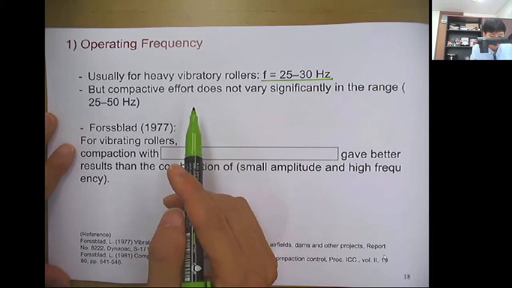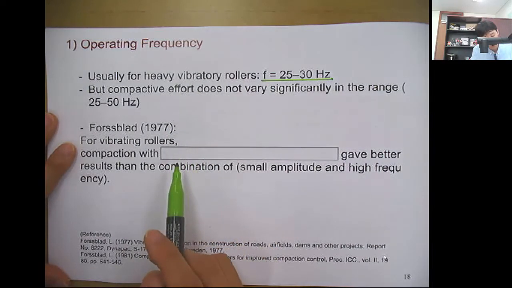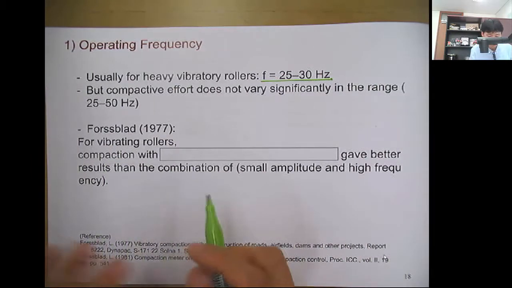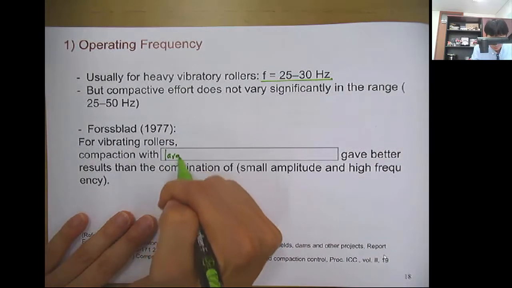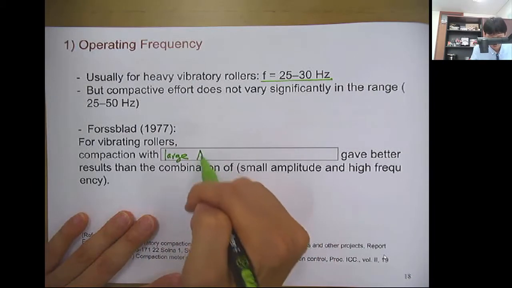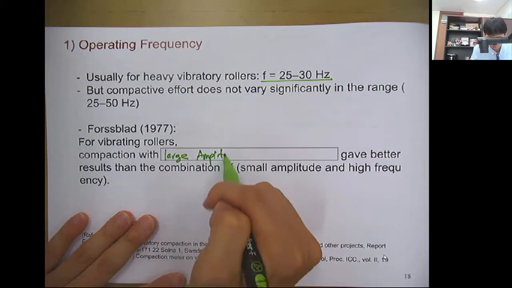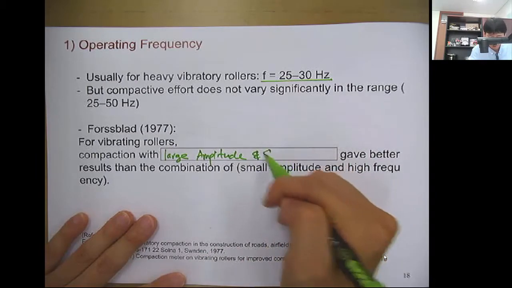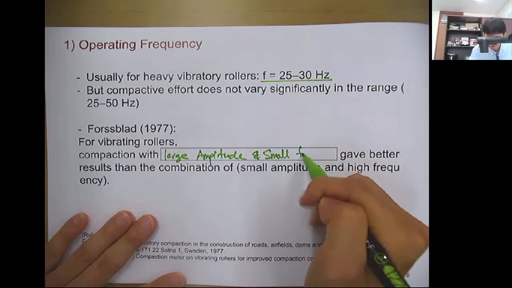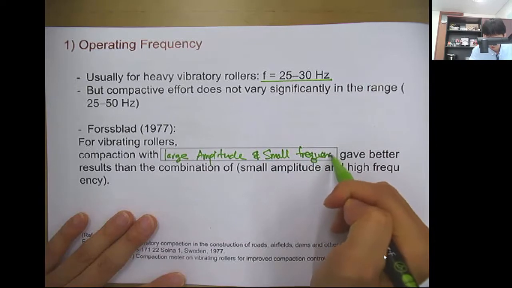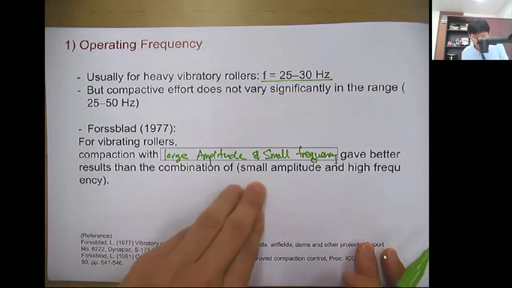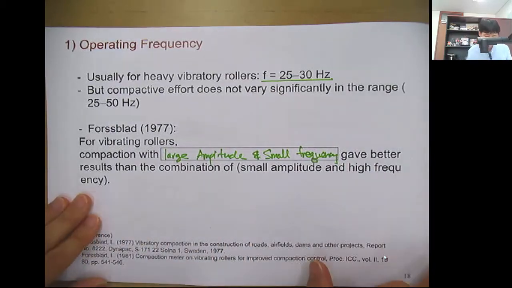In a previous study by Forsblad, 1977, for vibrating rollers, compaction with large amplitude and low frequency gave better results than the combination of small amplitude and high frequency.